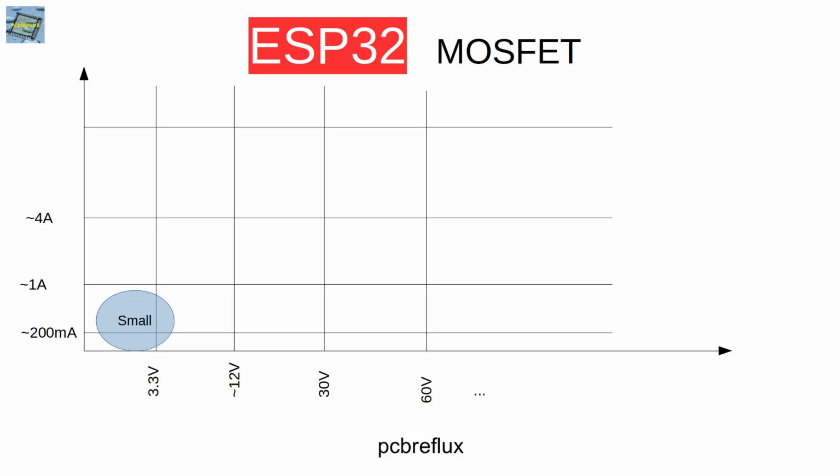A small switch with a voltage just about the level of our GPIO pins from the ESP32 and just a little small current. Then we can go up to a medium range where you are switching amps, and a medium power range where you switch higher current and also higher voltages.